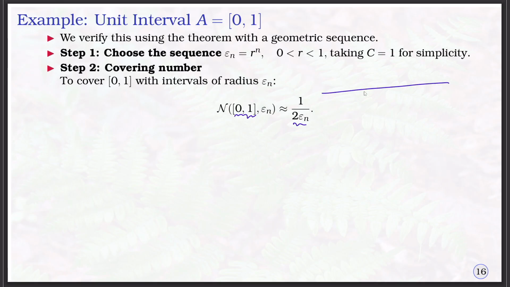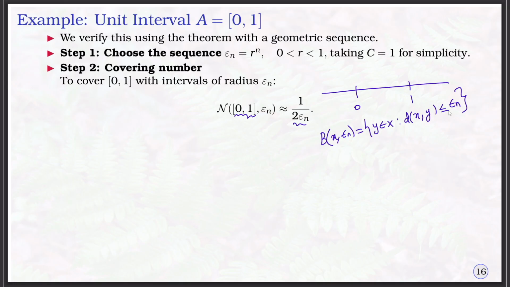Here we are covering [0, 1] by balls of radius epsilon n. What do we mean by this? The closed ball B(x, epsilon n) is the set of all y belonging to X such that, in our case x is a real number, the distance between x and y must be less than or equal to epsilon n.